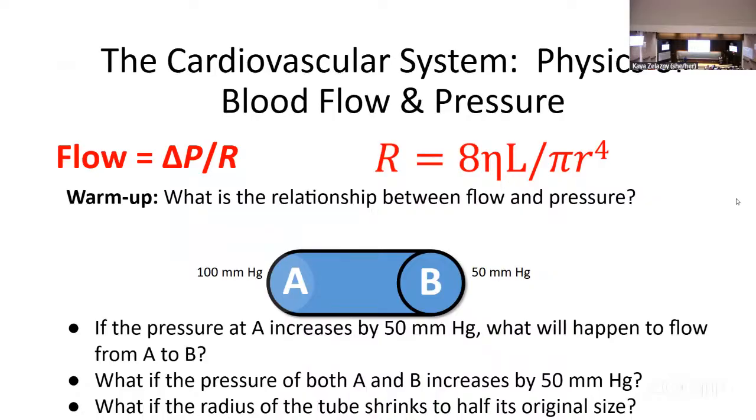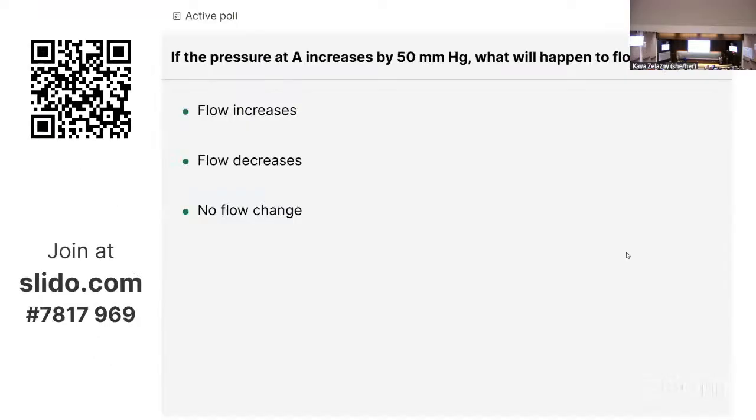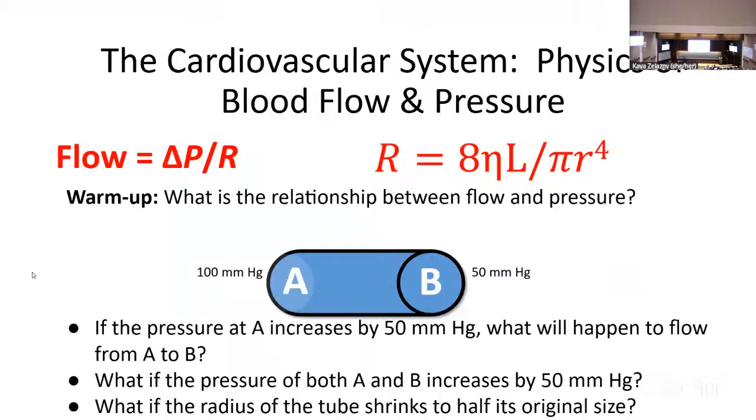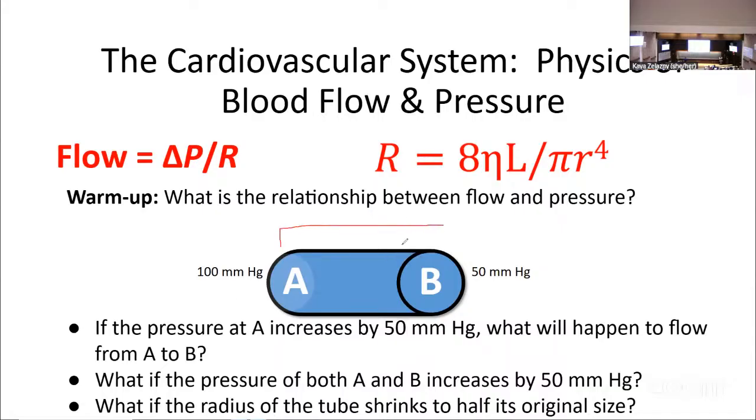We're not going to warm up, but let's use this as a practice question anyway. Let's pause for a second and think about this little tube that I've drawn for us. Right here, we're looking at flow from A to B. At A, we have a measurement of 100, and at B, we have a measurement of 50.